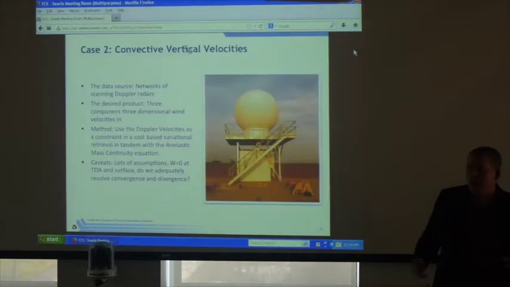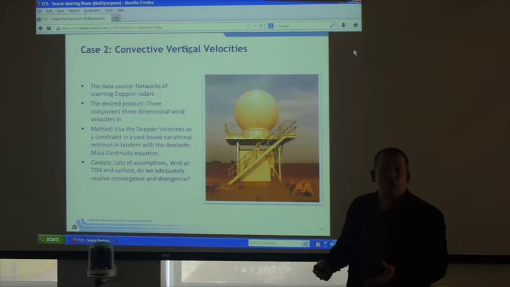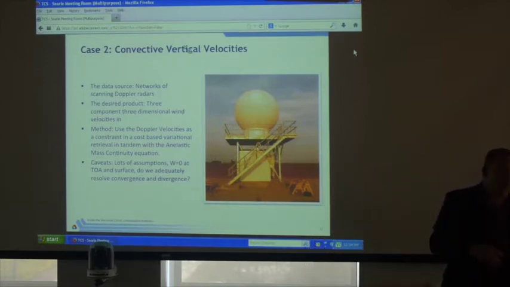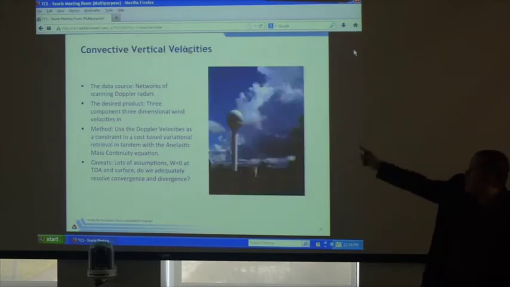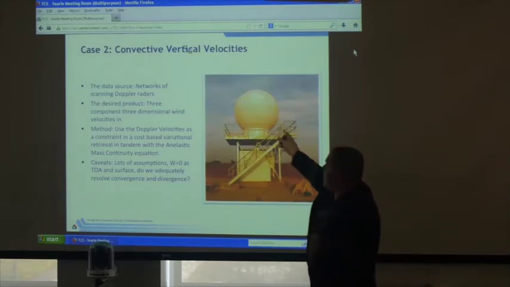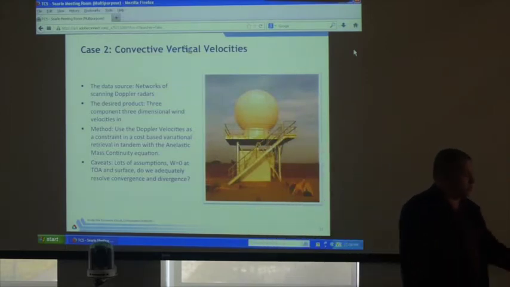So basically we put that into a conjugate gradient solver as a cost function, and we solve that cost function for my wind speeds. This is coming from C-band radars in Darwin, but we can also do this in Oklahoma with a network of X-band shorter wavelength radars that we've got there.